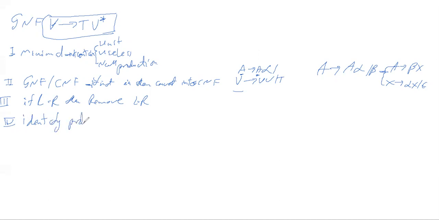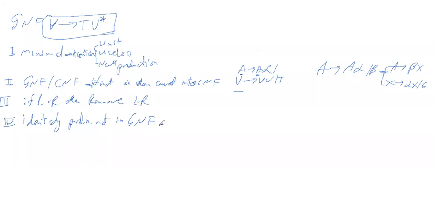It may be in the CNF production. If the production is not in GNF, then definitely it will be in CNF. So that's why in the fourth step, identify production rules not in GNF, meaning it will be in CNF.